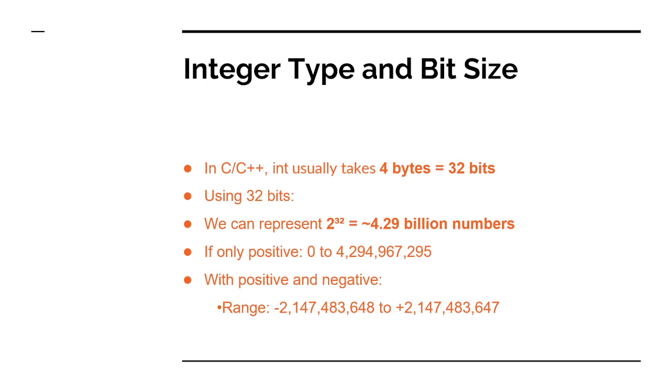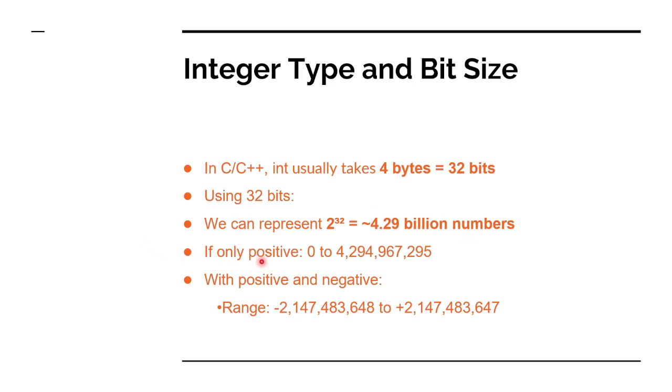Okay, so now we will move further. We will now introduce integer type and bit size. So in C and C++, an integer usually takes 4 bytes, which means 32 bits. So using 32 bits, we can represent 2 raised to the power 32, which is approximately 4.29 billion numbers, which is huge.